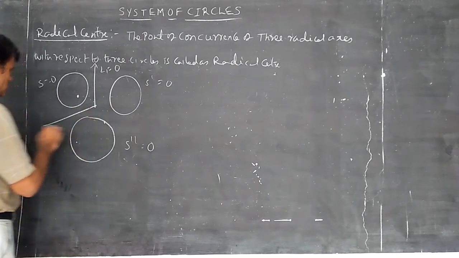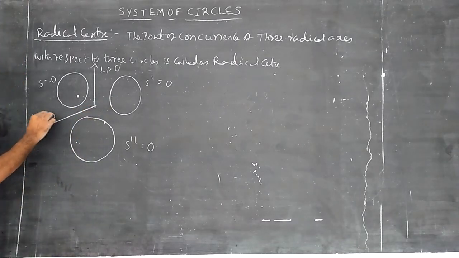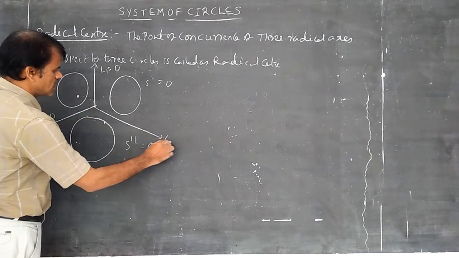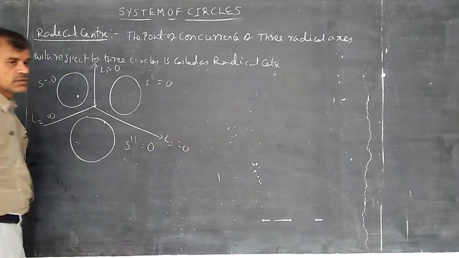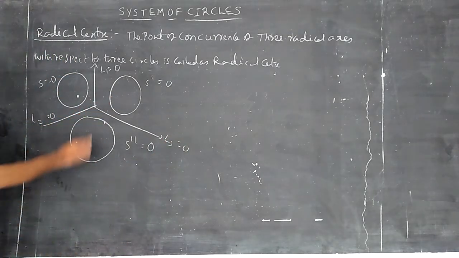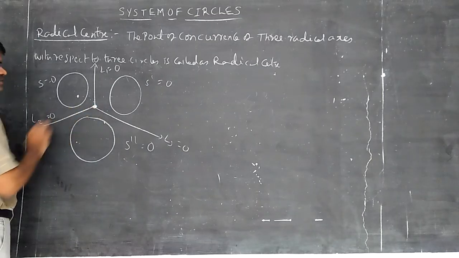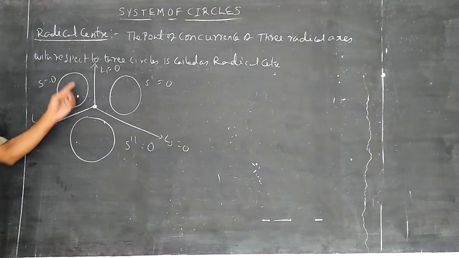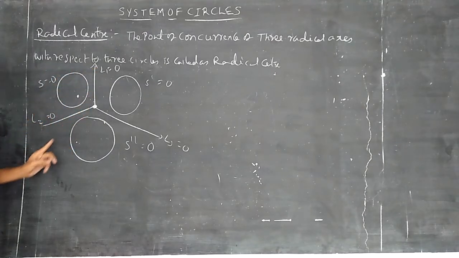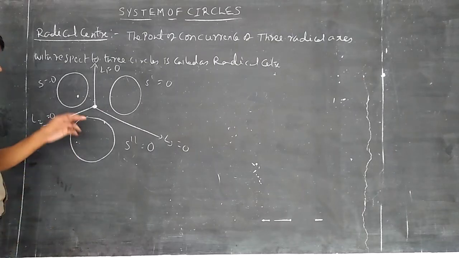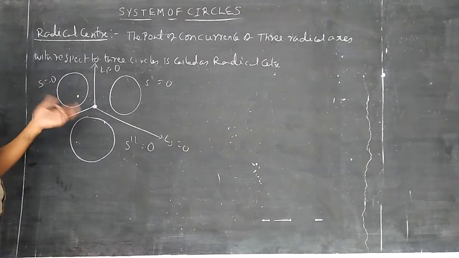This is the line L2 equal to 0, which is the radical axis of S dash equal to 0 and S double dash equal to 0. This is the line L3 equal to 0, which is the radical axis of S dash equal to 0 and S double dash equal to 0. This is the radical center, the point of concurrence of three radical axes with respect to three circles. The definition is also important for 2 marks.